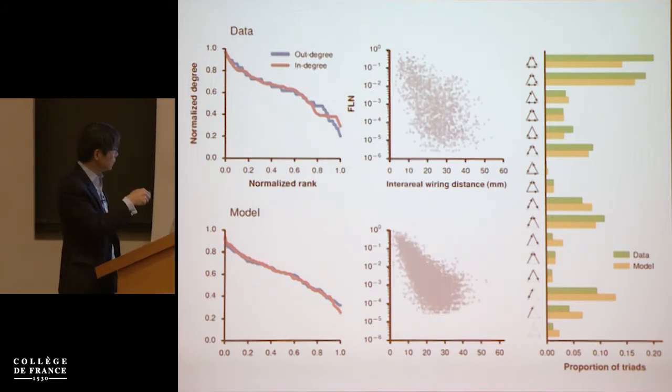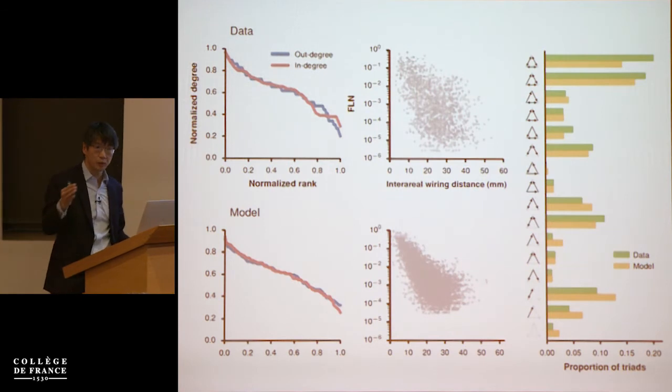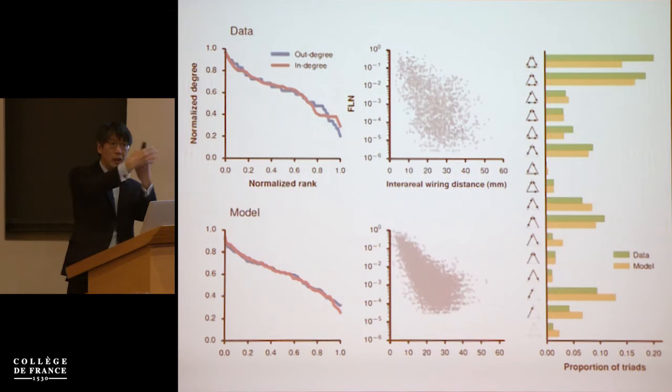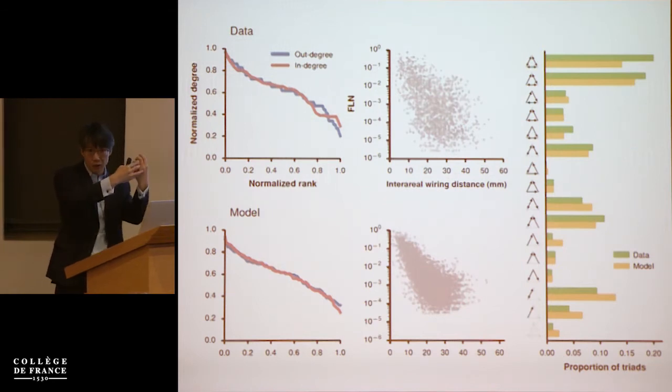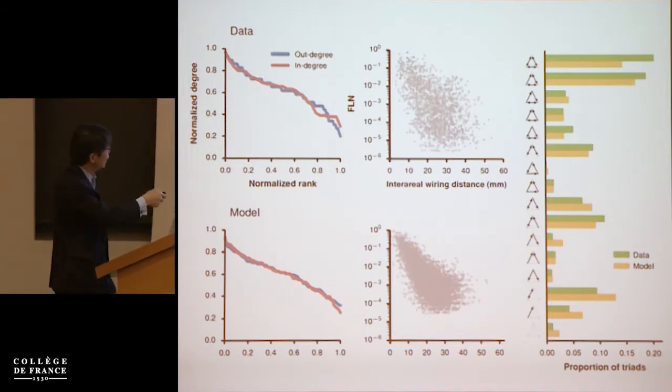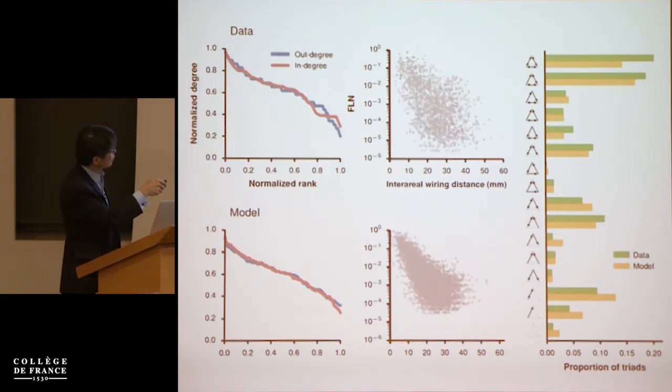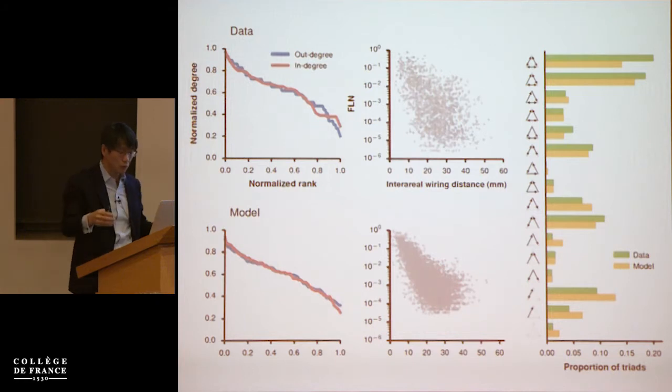What's shown here is the sequence of input degree and output degree. Input degree for each area is simply how many areas project to this area. And output degree is simply how many areas this area projects out to, right? The input degree, output degree sequence is very similar to what you see in the real data. This is the FLN as a function of the inter-area wiring distance, with this wide distribution of weights.